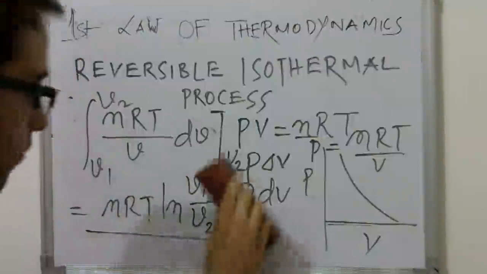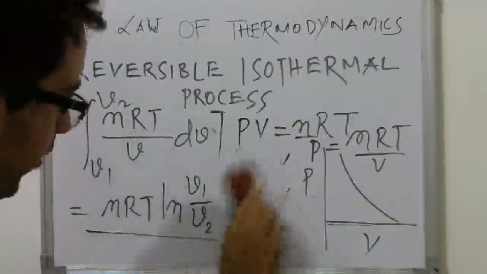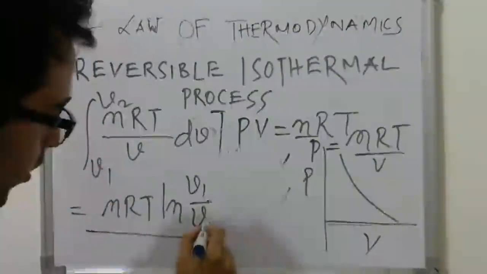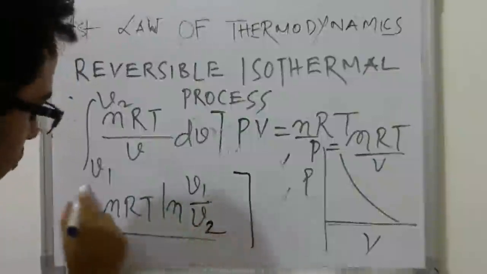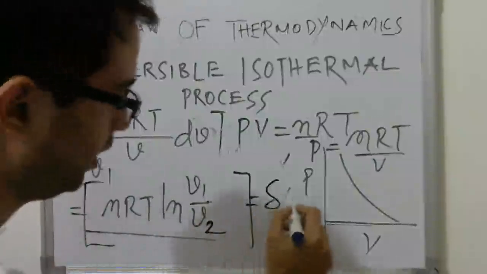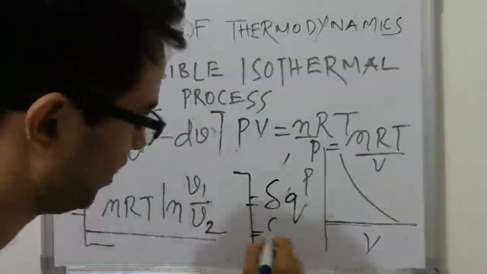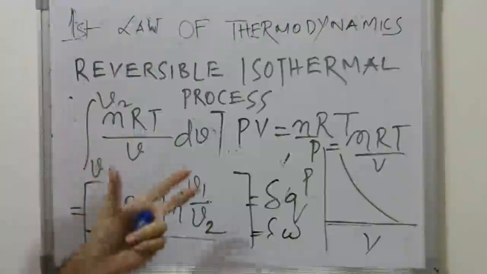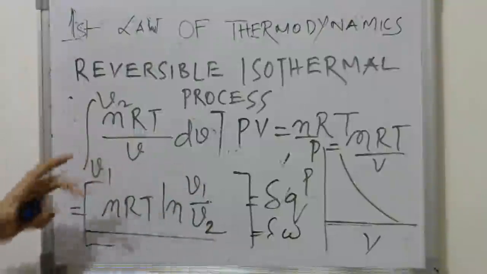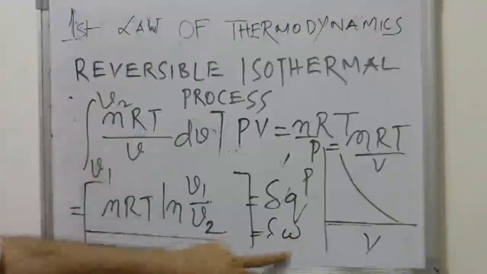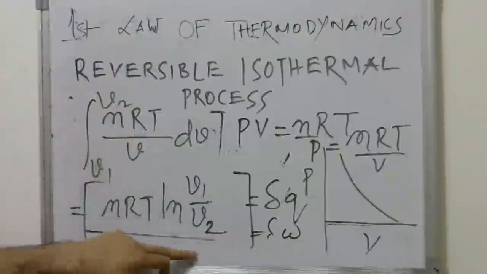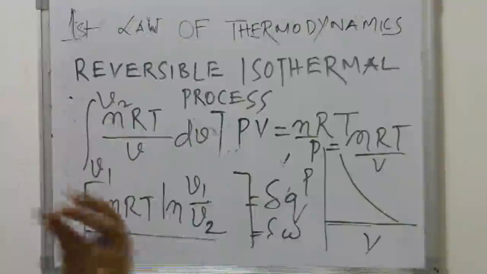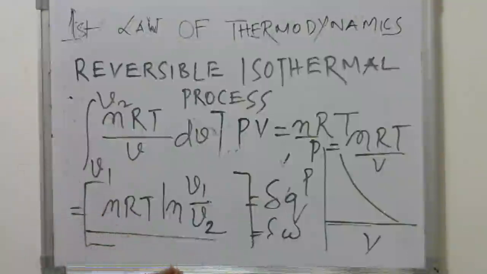So the work done is equal to delQ, since delQ is equal to delW. This is the amount of heat. What does it mean? It means that for an isothermal condition, if some work is done on the system, then to keep the temperature constant, the change in internal energy must be 0.